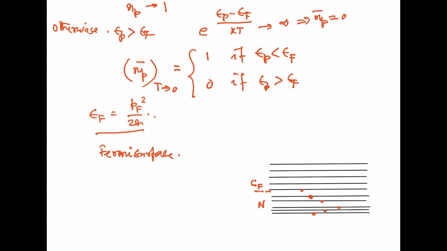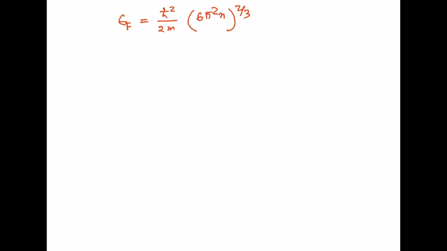So the Fermi surface is the surface of a sphere in momentum space up to which the particles are filled. Now this calculation for Fermi energy is for a spinless Fermi gas.